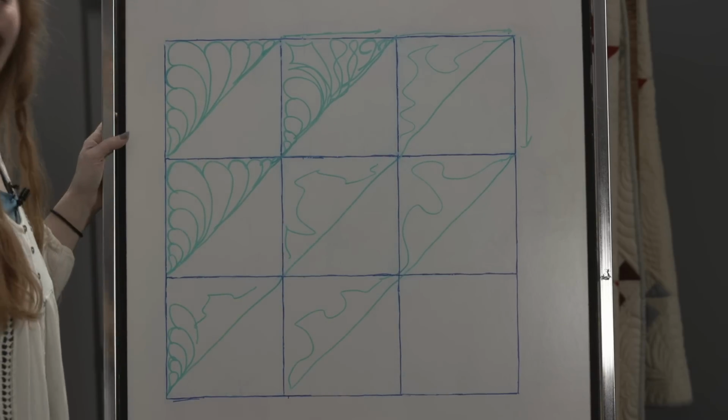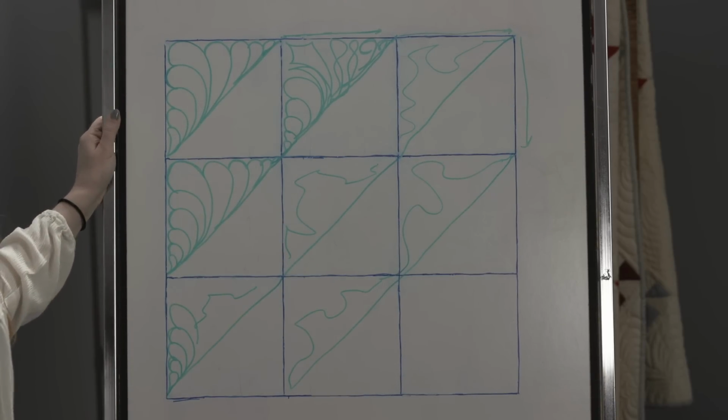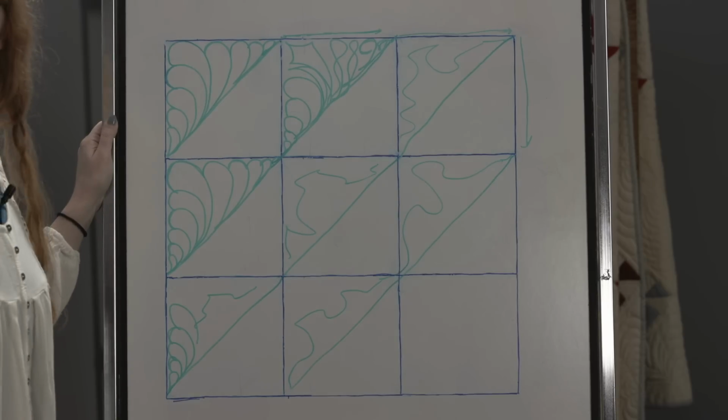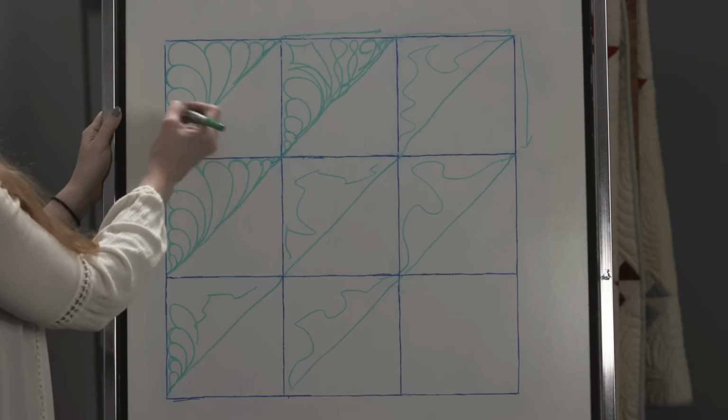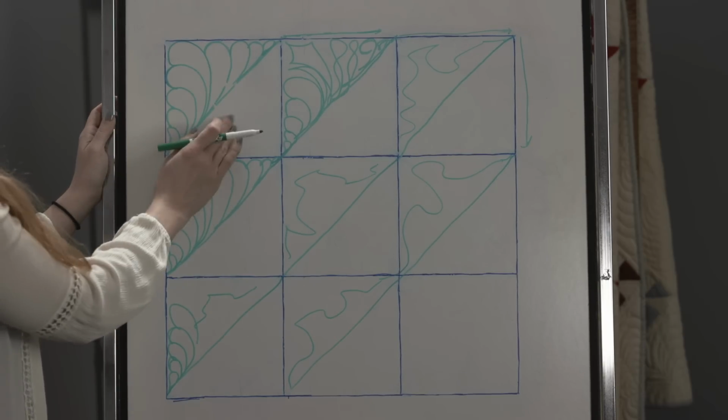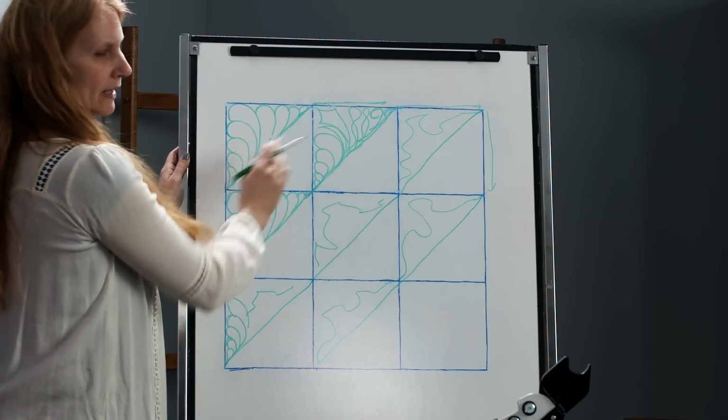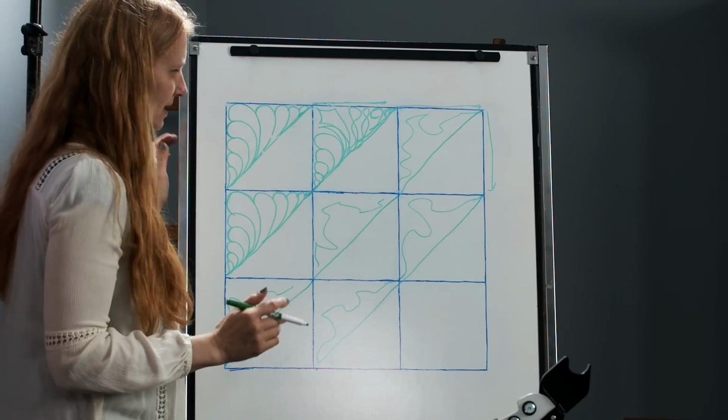One of the things I keep thinking is that when I first learned how to do feathers, it was much easier for me to do them on one side of the spine rather than the other side. This is a perfect design for that, because you only have to do half the feather. If you can't do the left side of the feather, then just fill in these spaces and leave these open. Yeah, do whatever works.